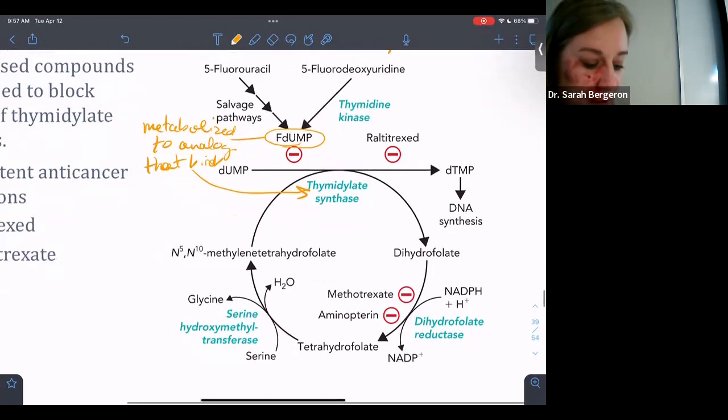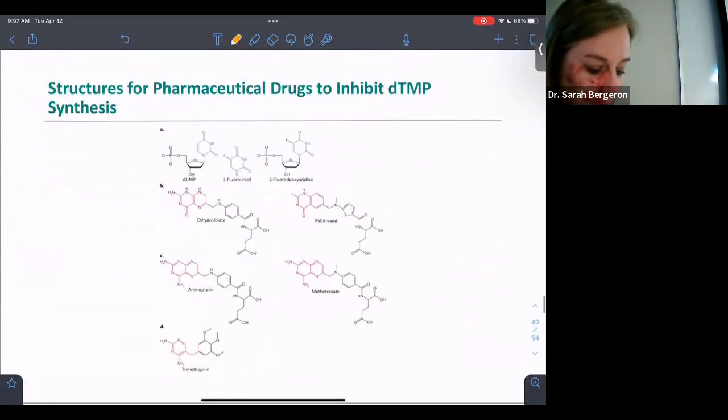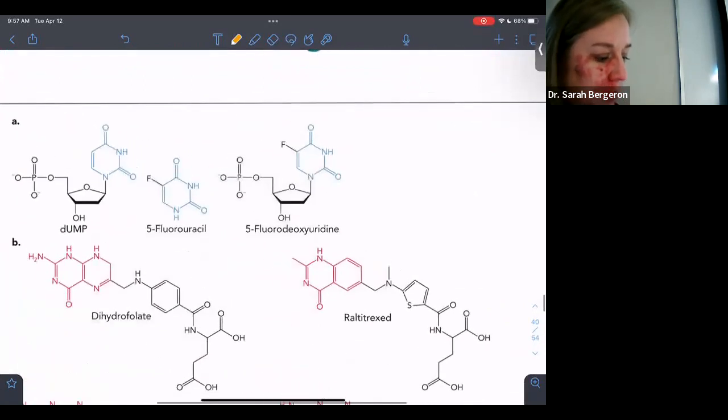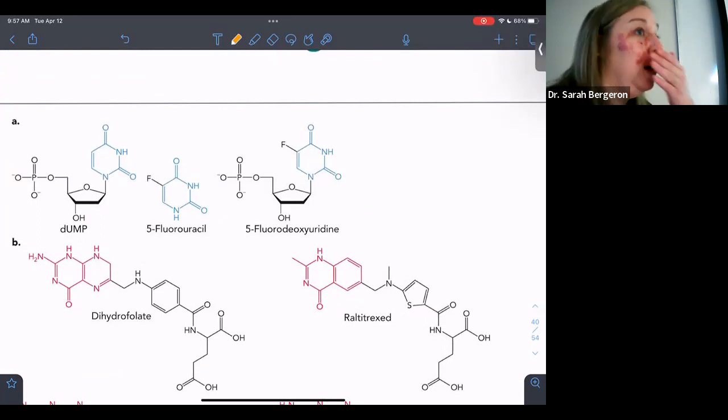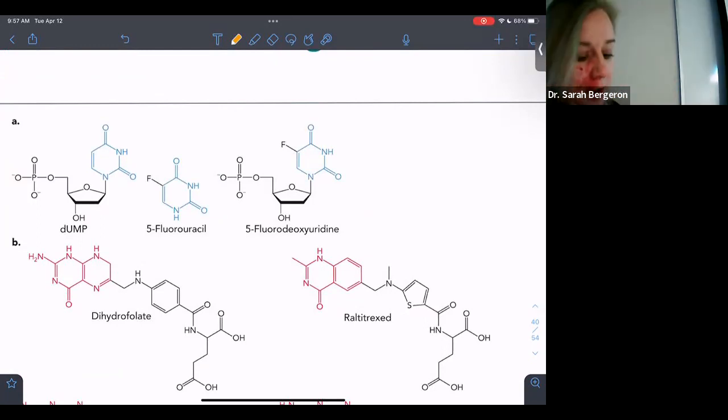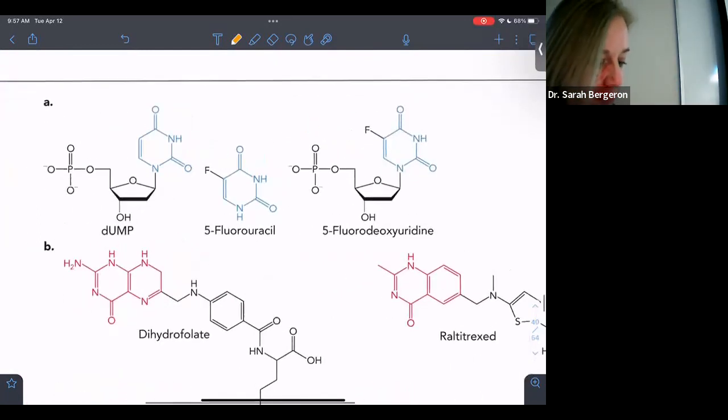So let's talk about the structure of some of these, right? If you ever want to get into medicinal chemistry on designing anti-cancer drugs, this is really, really cool. Okay, so if we look at dUMP, right? If we look at 5-fluorouracil, what do we see?